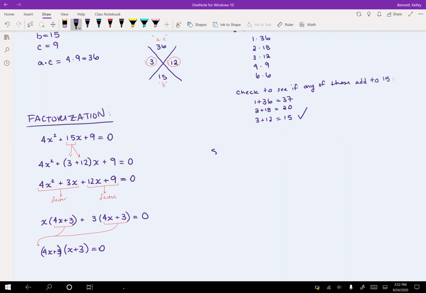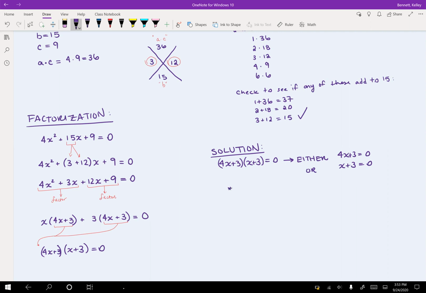Let's talk about what the solution is, because the factorization isn't the solution, but we're about there. Because of the zero product property, if 4x plus 3 times x plus 3 equals 0, this means that either 4x plus 3 equals 0 or x plus 3 equals 0.